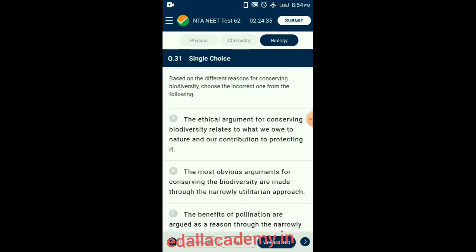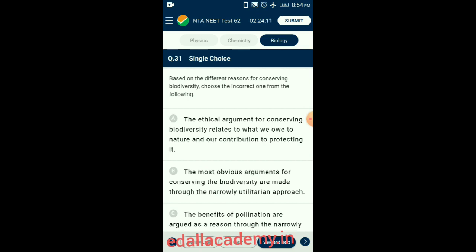Question number 31. Based on different reasons for conserving biodiversity, choose the incorrect one from the following. The broadly utilitarian argument says that biodiversity plays a major role in many ecosystem services that nature provides.